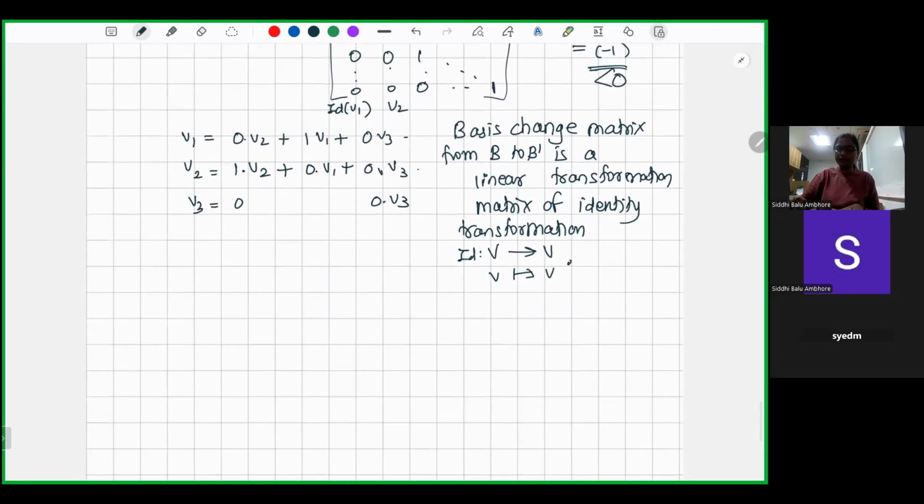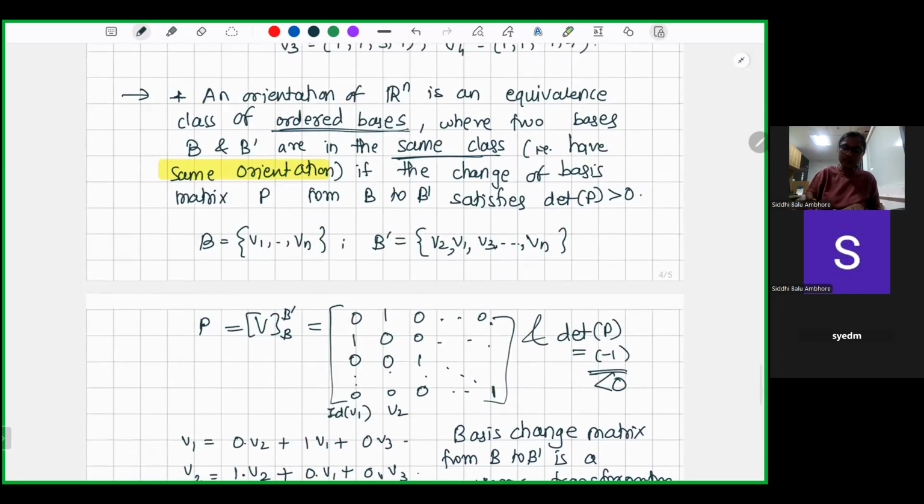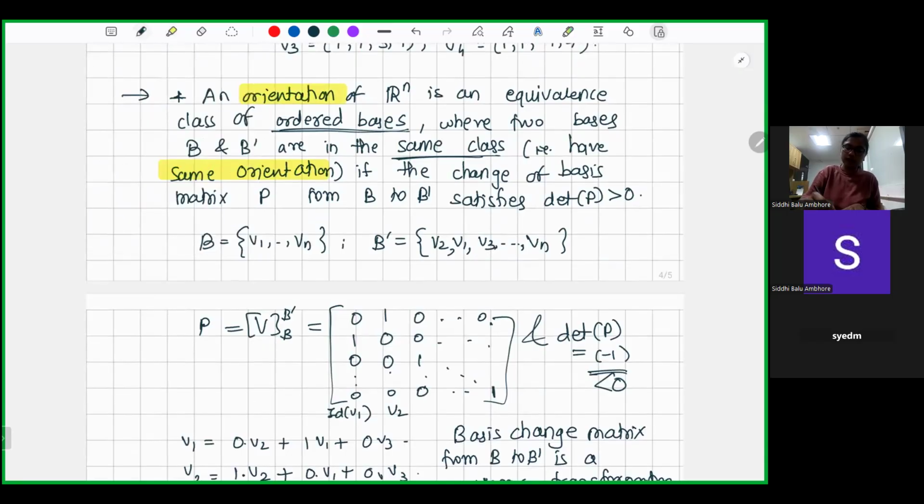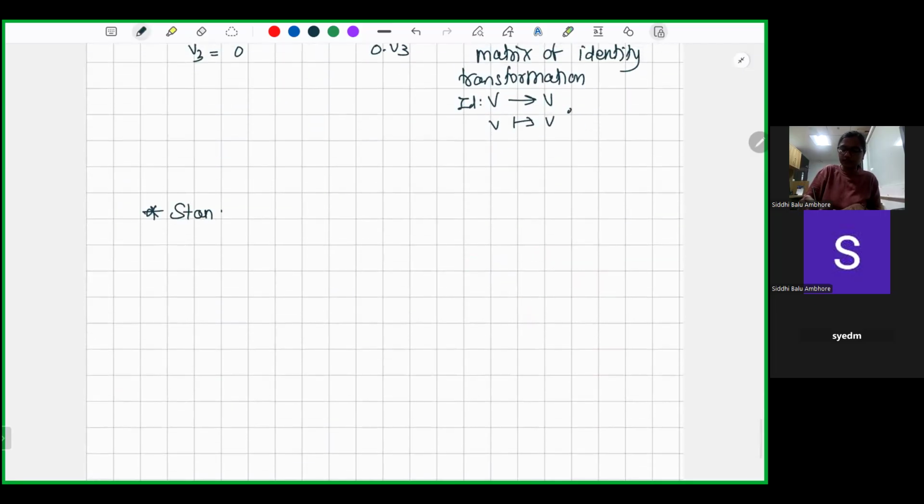So this is just the definition of orientation, okay? And what is the standard orientation? When we talk about standard orientation, it is for Rn, because we know the standard basis E1, E2, En. We do not have that luxury in the case of any other random vector space.